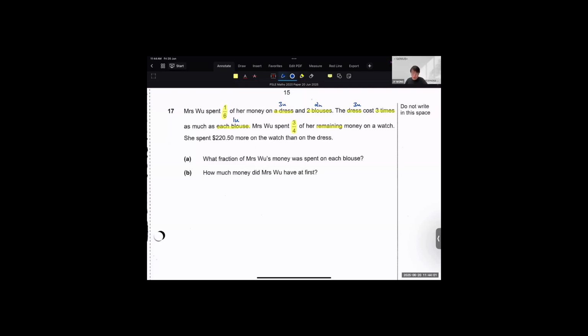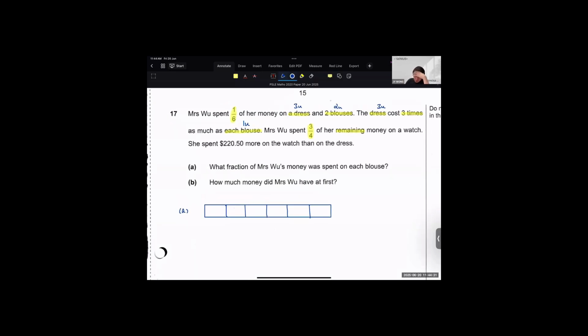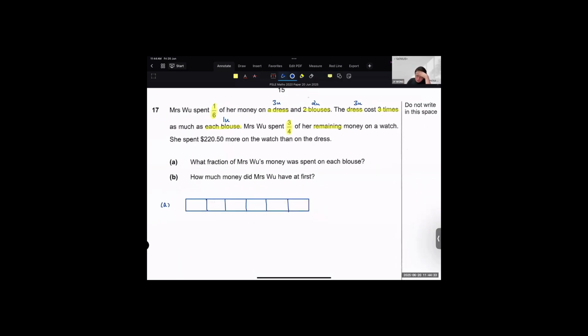Okay? So we are going to go ahead because we know there is a remainder concept. Remainder concept, you draw your remainder model. So I know that at first, I need to cut my model into 6 parts. And each part here is a dress and 2 blouses.